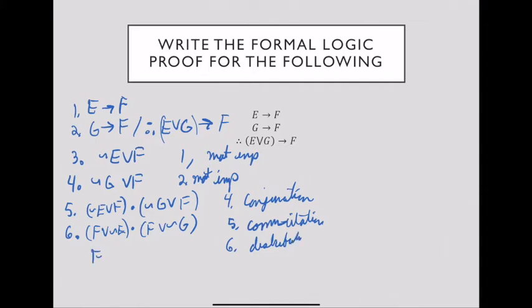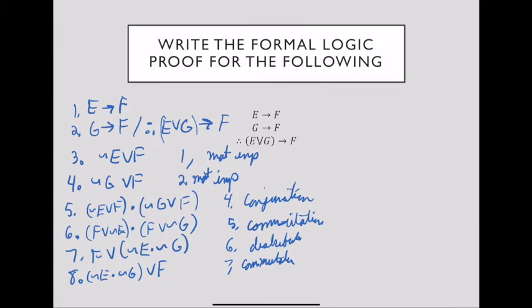So that gives me F or not E and not G for my row 7. Now I'm going to use commutation again to flip this. So that would give me not E and not G or F.